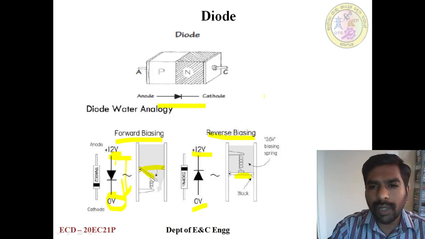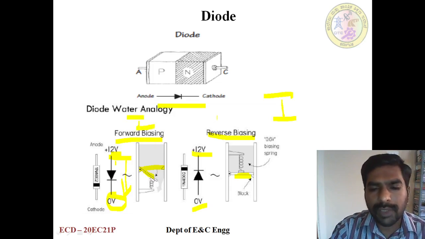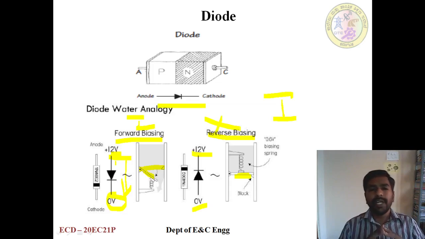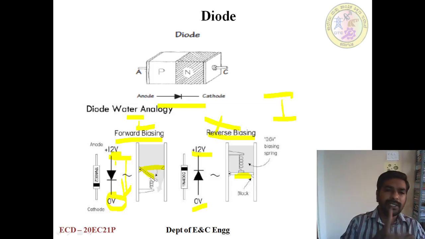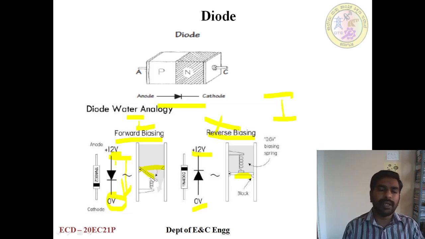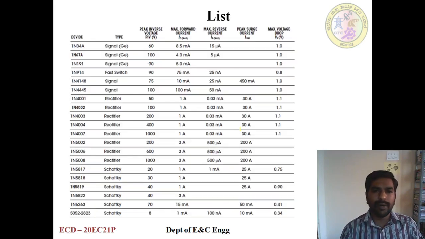Here, instead of water we can assume current. In the forward direction current flows, in the reverse direction there is no current flow. That's why the diode is called unidirectional. The current flows in only one direction, in forward bias. No current flows in the reverse direction. So it is used as a current direction control element.